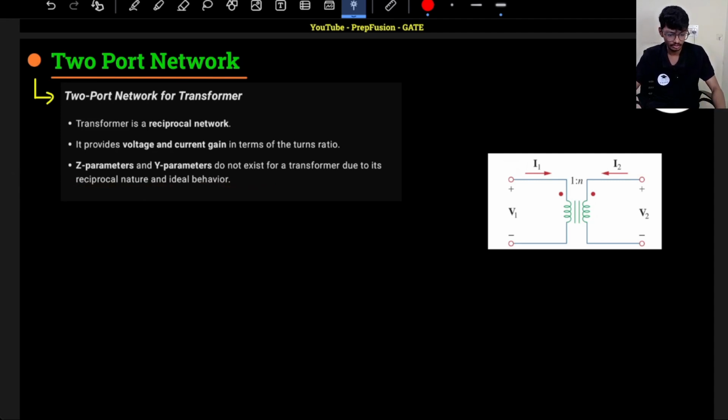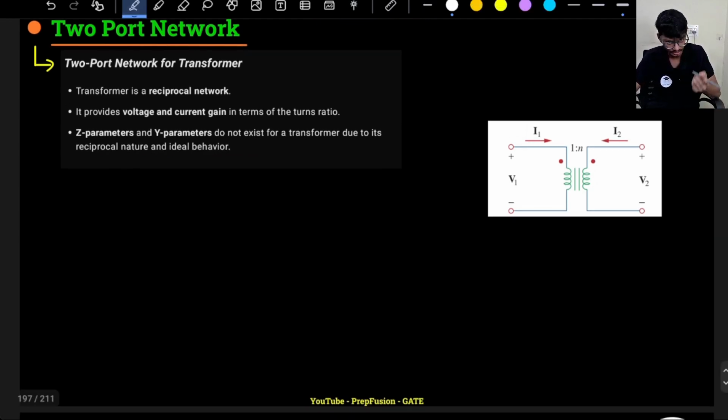So we can find other parameters like the H parameter and the ABCD parameter. G parameter is for you. So I will write down each parameter for the transformer. So what is the H parameter?